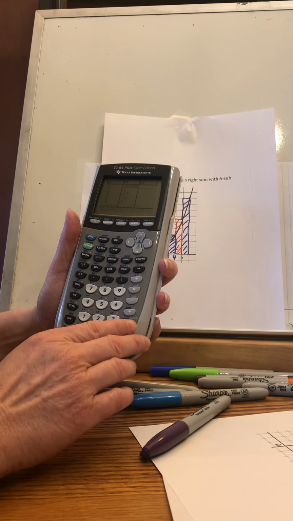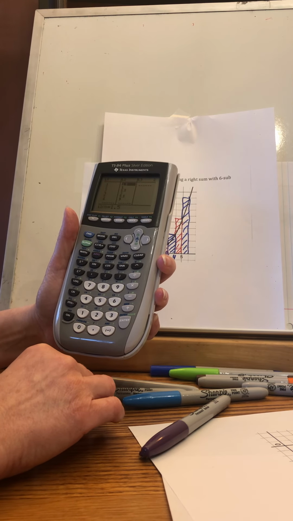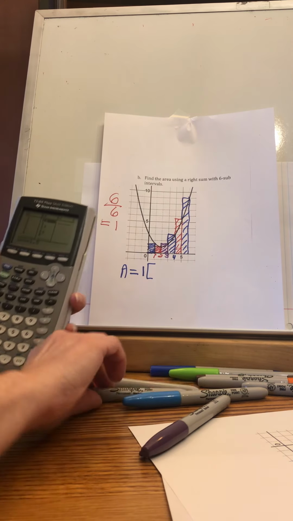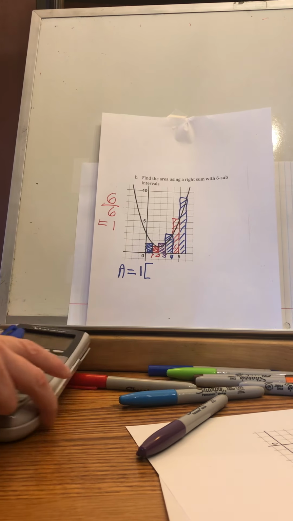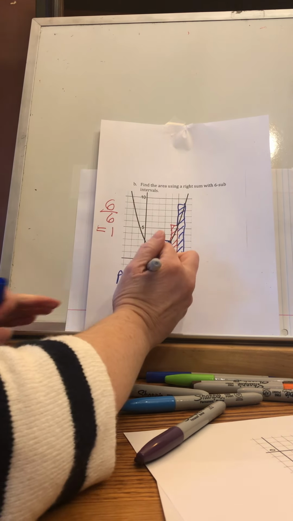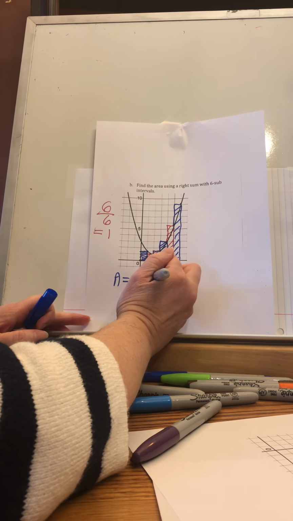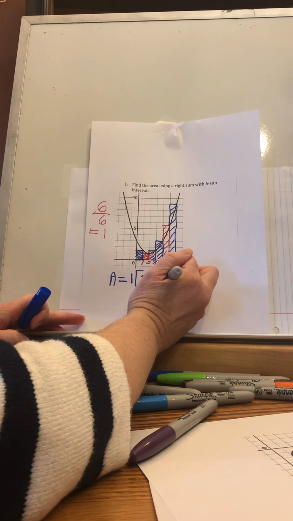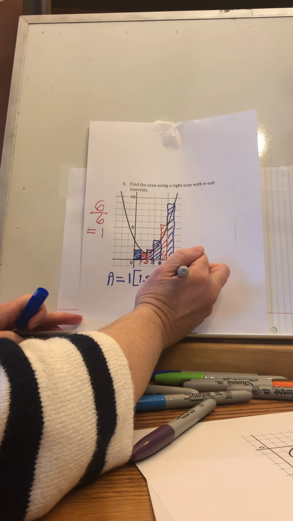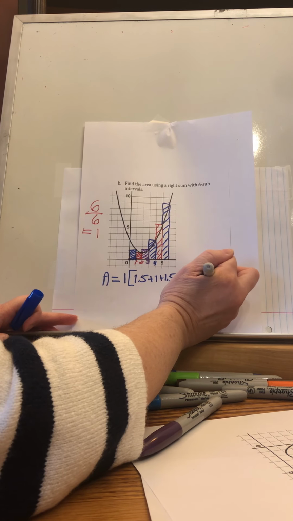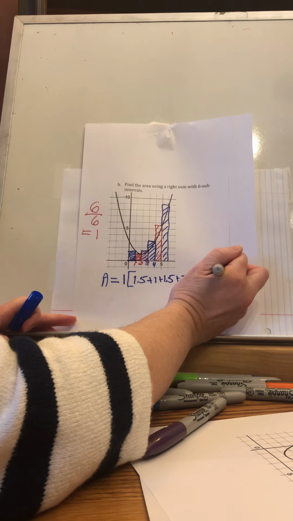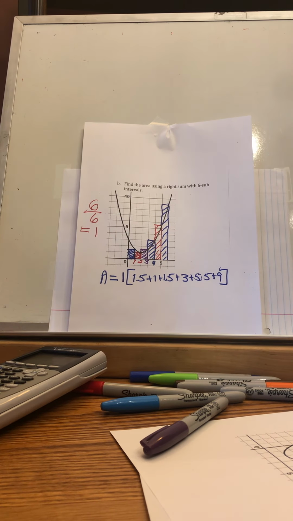Once I hit enter, I have my 6 heights. So I'm going to take a moment and write down those 6 heights. 1.5, 1, 1.5, 3, 5.5, and 9. Those are my 6 heights.